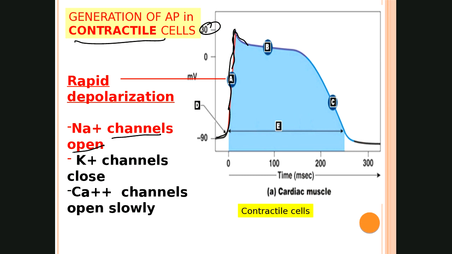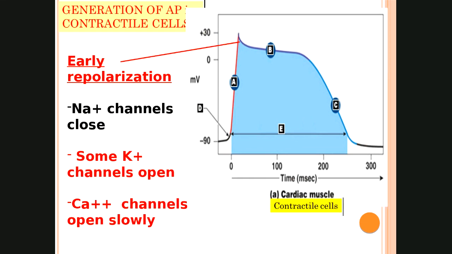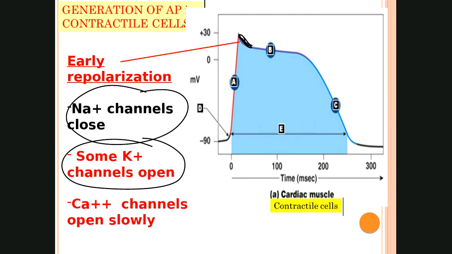So now we have the early repolarization right here, because again, potassium channels are open and sodium channels have closed. So now there is a loss of positive charges, making the cell more negative. However, notice that all of a sudden, that repolarization stops and the cell reaches a plateau.